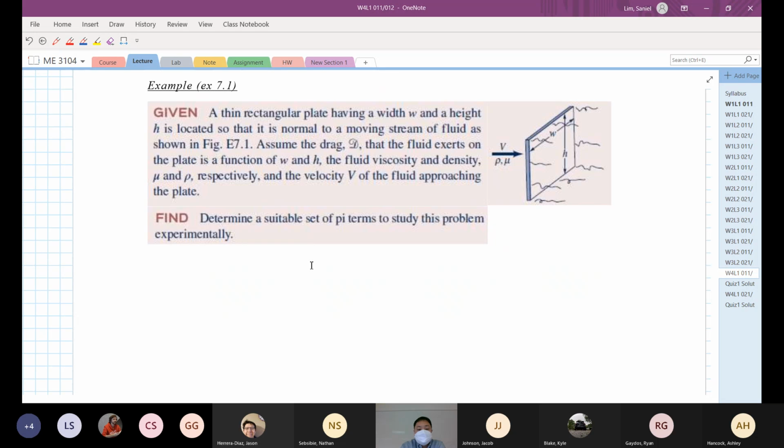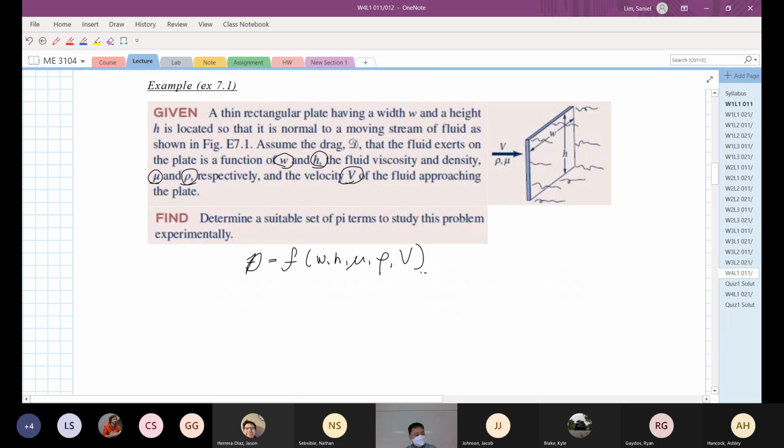So we have a drag, which is a function of width, height, viscosity, density, and velocity. So D is a function of W, H, mu, rho, V.